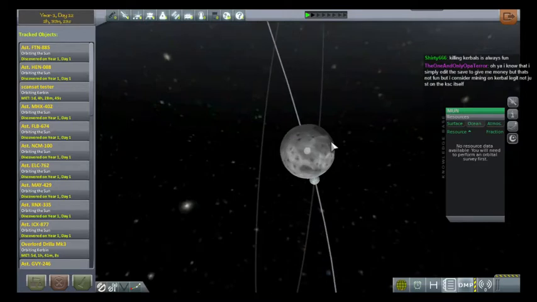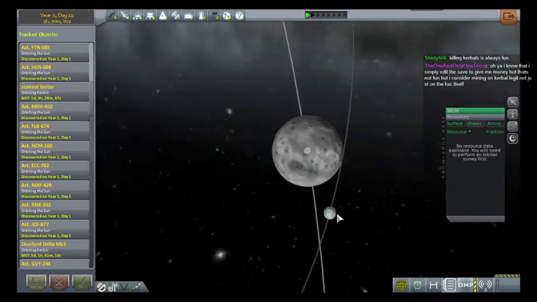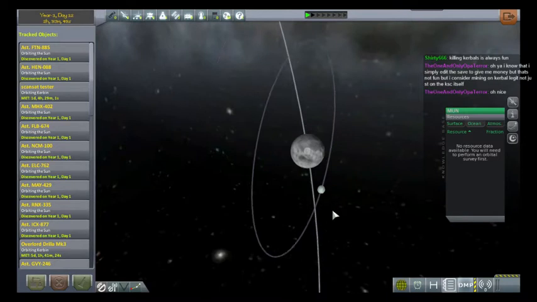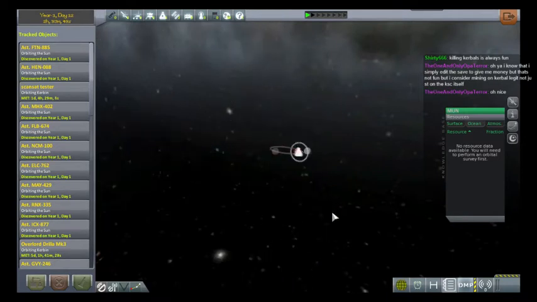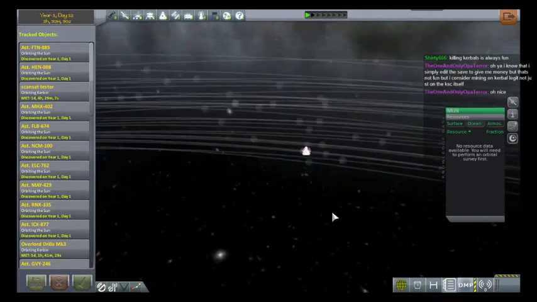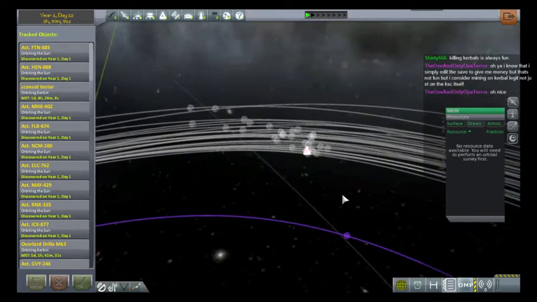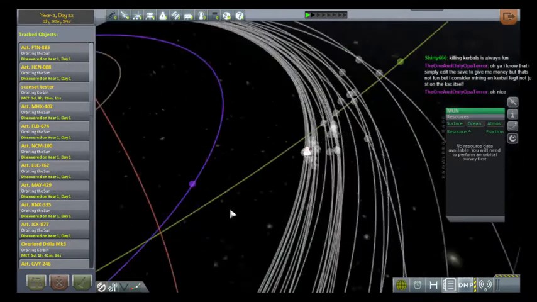Over here, circling the Mun, I have Mimus. But that's not all I changed. Yeah, we have a few asteroids.